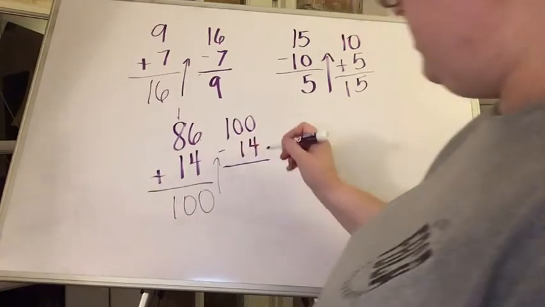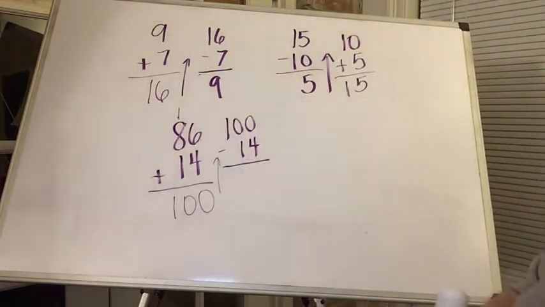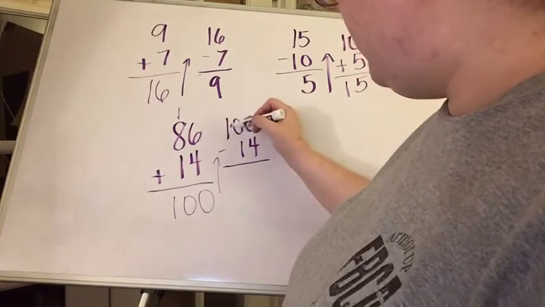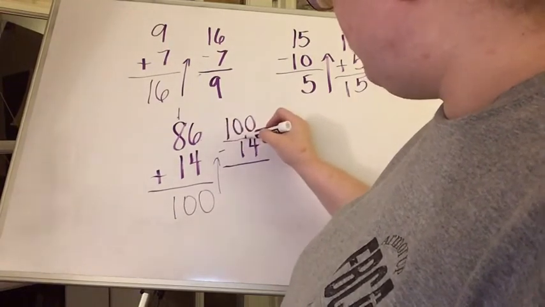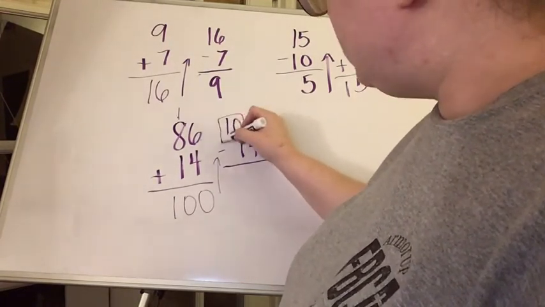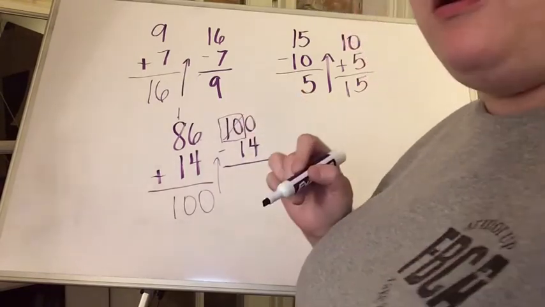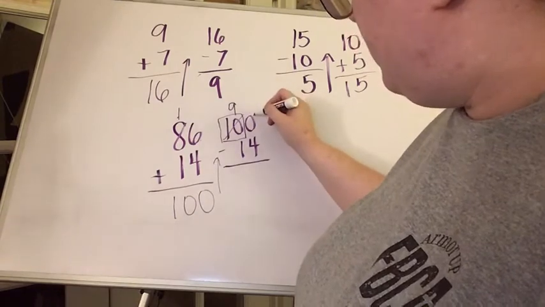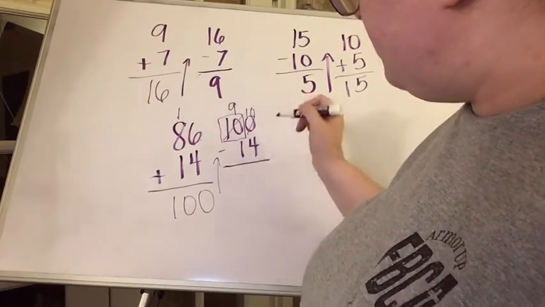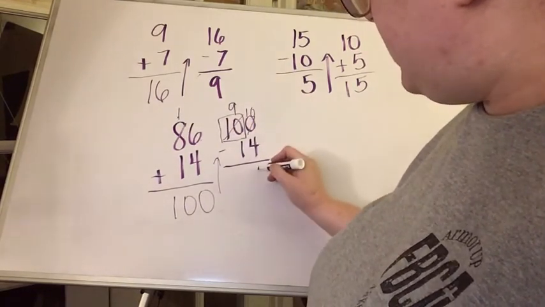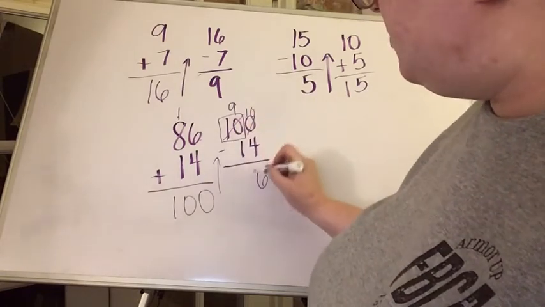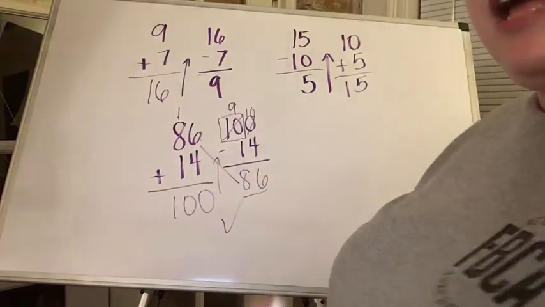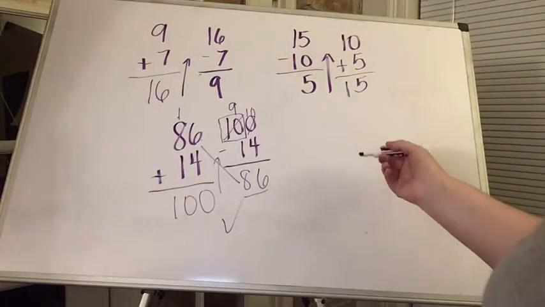Oh no, here we go. Can't go next door, can't go here. So we're going to take this number, box it. What is 10 minus 1? 9. Good job. And then 10 minus 4 is 6. 9 minus 1 is 8. Is that the same one? It's correct.